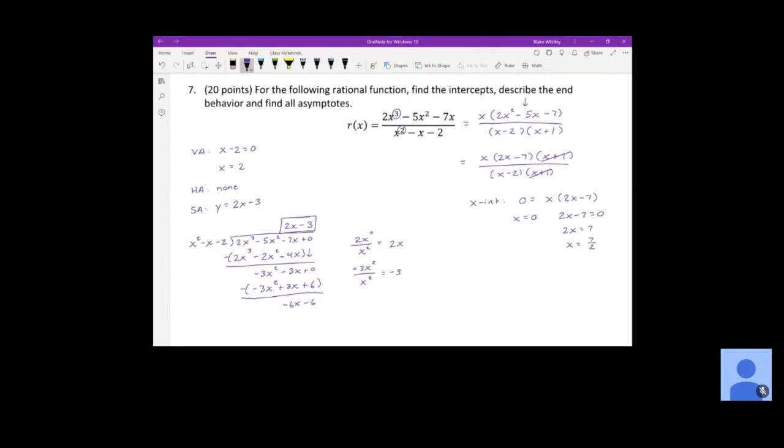So those are the two x-intercepts. Now, remember, you can also use Desmos to check yourself here, right? So if you graph this in Desmos, you can actually look at where those x-intercepts are, and you should get 0 and 3.5 decimal-wise, right, which is 0 and 7/2. All right, now how do we find y-intercepts?